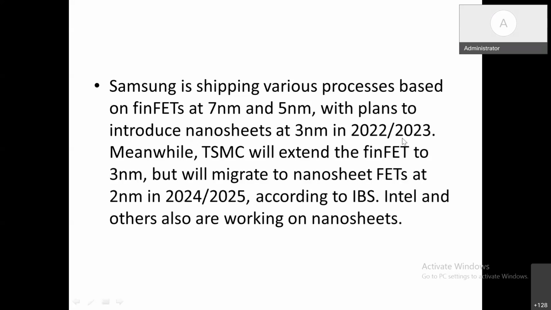In '22 and '23, they'll be introducing the 3 nanometer concept, and again they are using some concept of GAA only. Whereas TSMC has proposed to migrate to 2 nanometer in the years 2024 and 2025, according to IBS. Intel and other companies are also working on nanosheets.